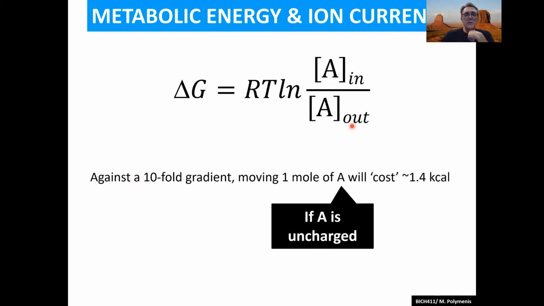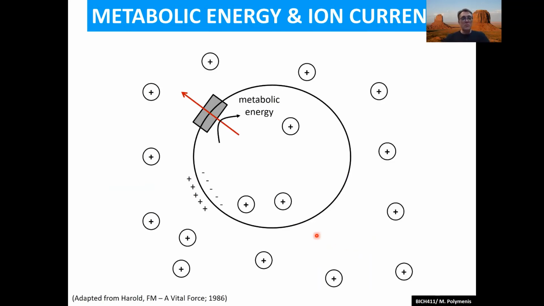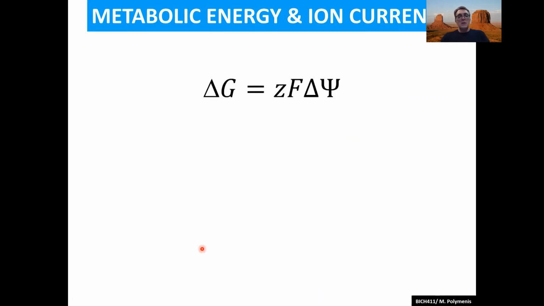Now this number is correct if the stuff you're pumping is uncharged. Now you throw in charge on top of everything, which is what we have here with a positive sign. And then you have another thermodynamic component to factor in.